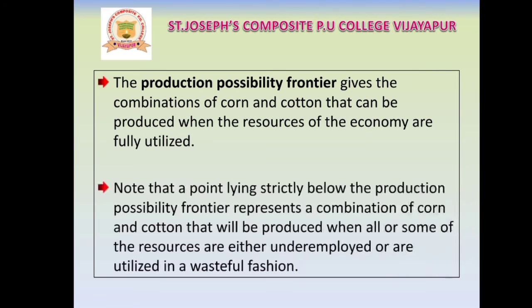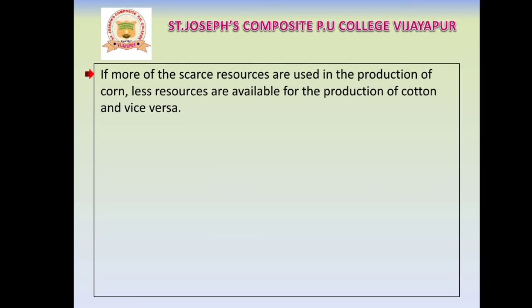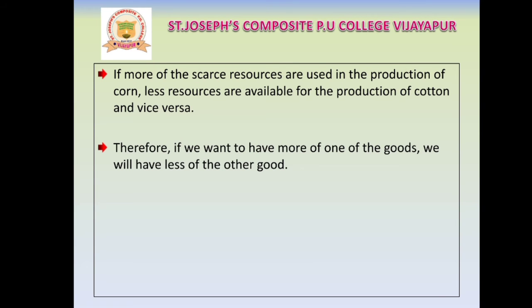So those production possibilities are also possible in the economy, but the resources will not be properly used. If more of the scarce resources are used in the production of corn, then obviously fewer resources are available for the production of cotton, and vice versa.